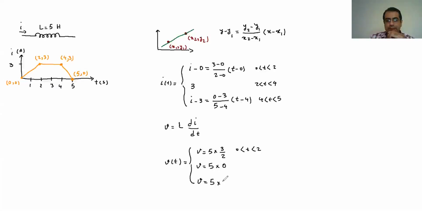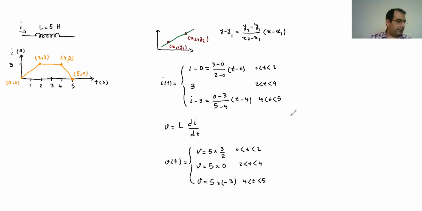So it's going to be times negative 3. So it's t between 2 and 4, and t between 4 and 5 seconds.